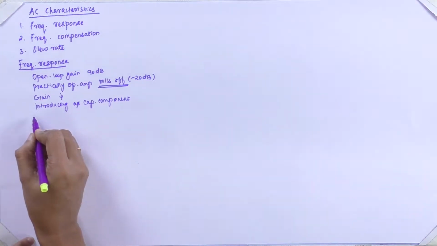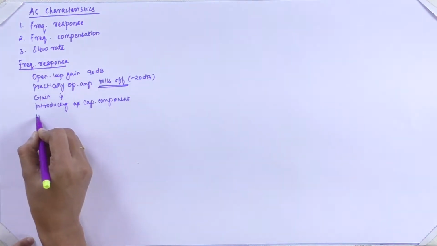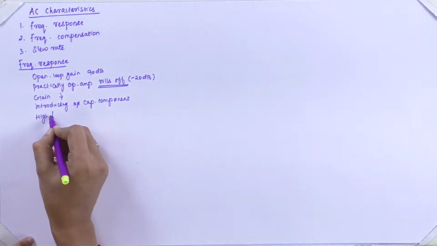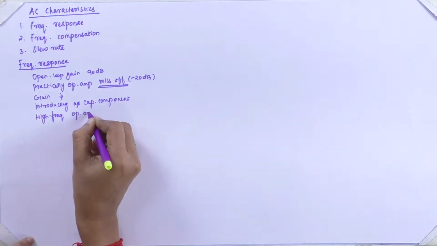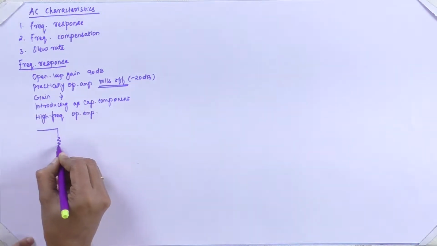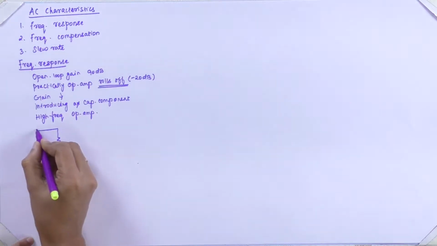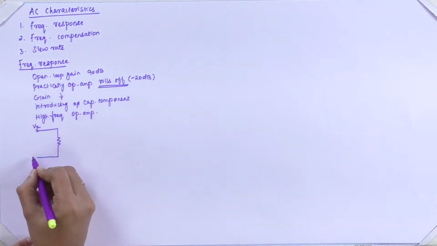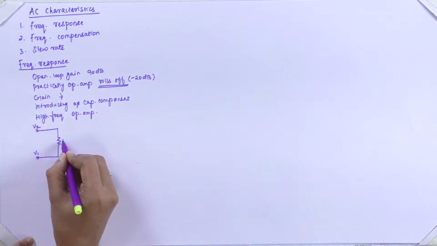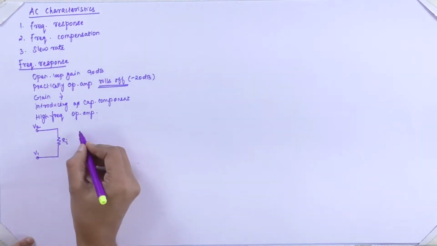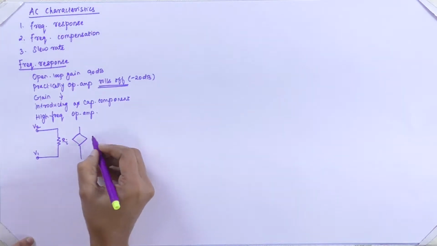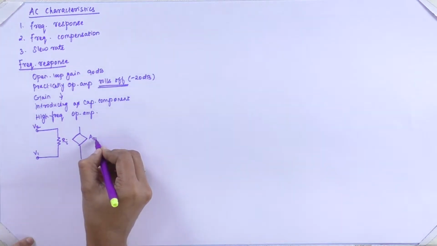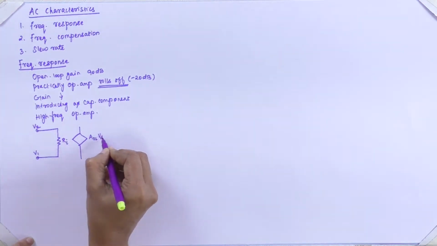Here we are going to draw the high frequency small signal model of the op amp. We might have seen this diagram earlier. Initially, we have the voltages V1 and V2, with the input resistance Ri, and a small signal model with the voltage gain AOL and the differential voltage.